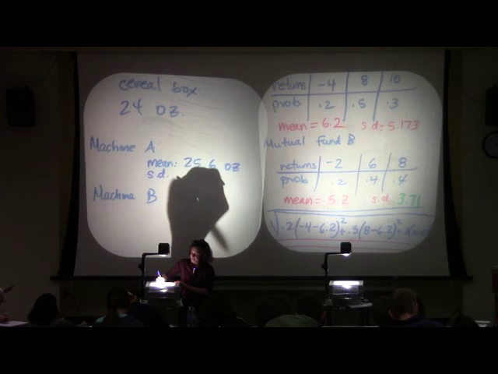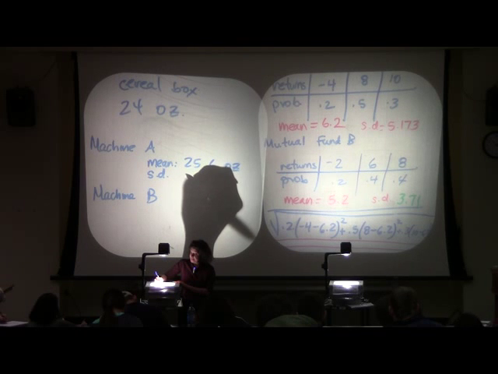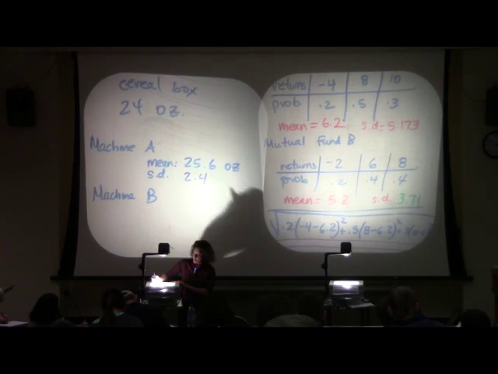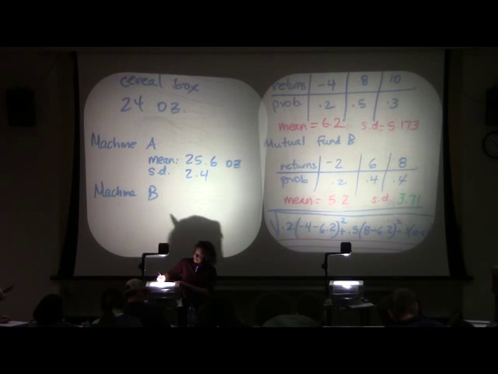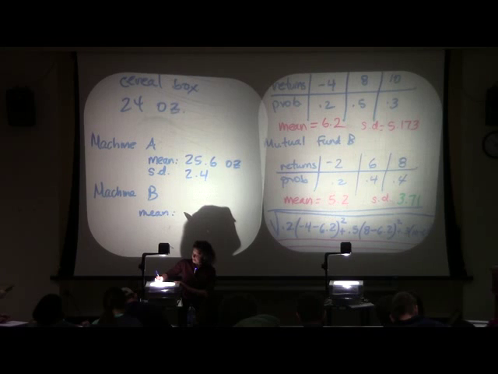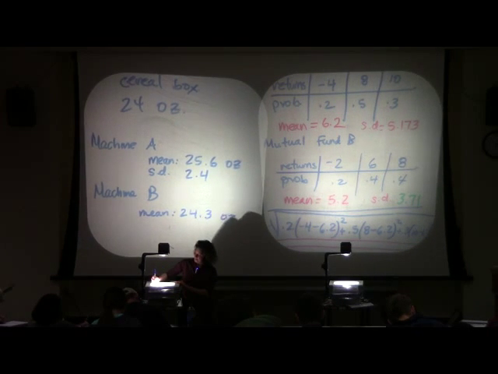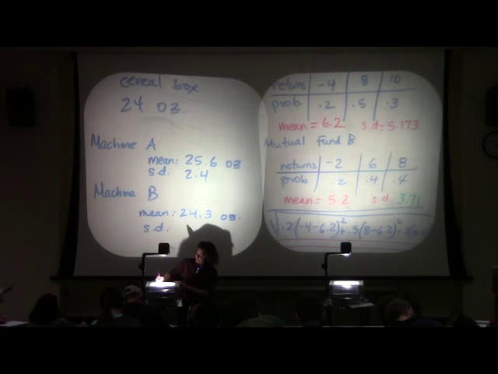And let's suppose that the standard deviation was computed, and you got about 2.4. And suppose machine B had a mean of, say, 24.3 ounces. But the standard deviation was like 5.7.